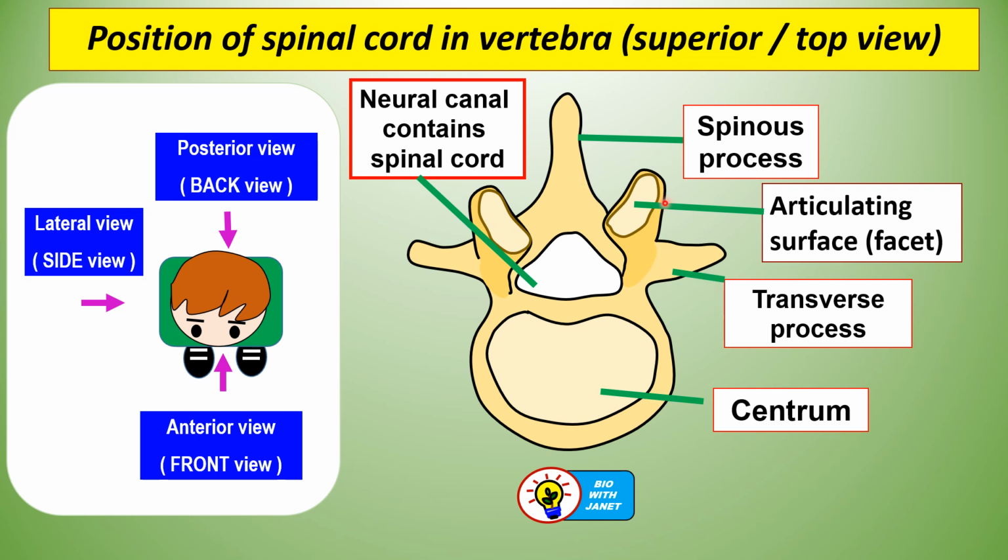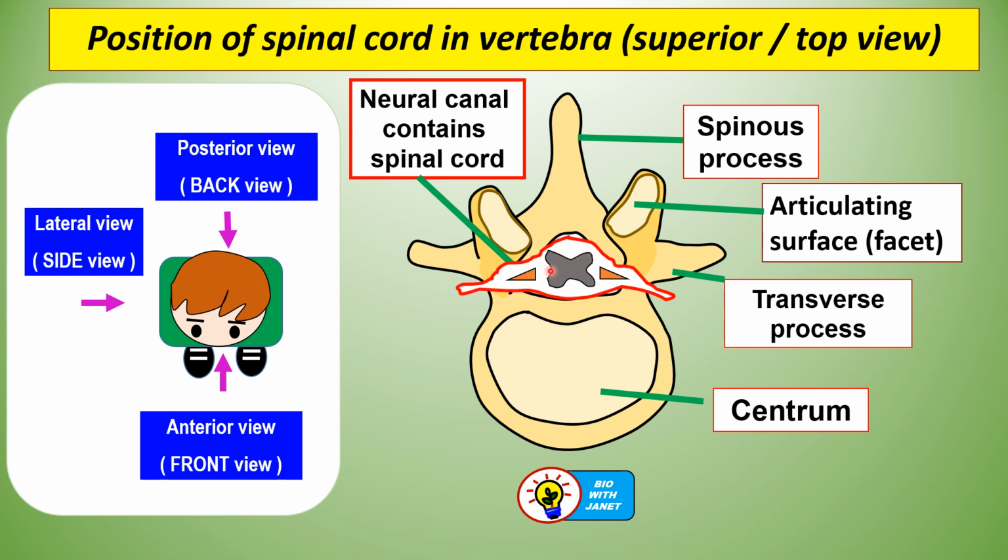And then we have the articulating surface or facets to join. It is like a surface that touches the next vertebra, to help the vertebra join to the next vertebra. Then we have the neural canal, which is a hole in the center here that allows the passage of the spinal cord, as shown here.